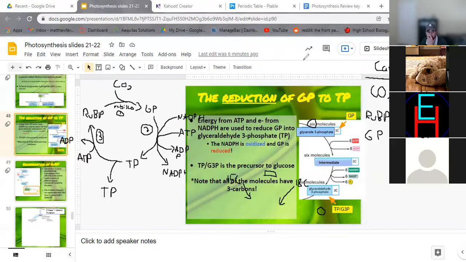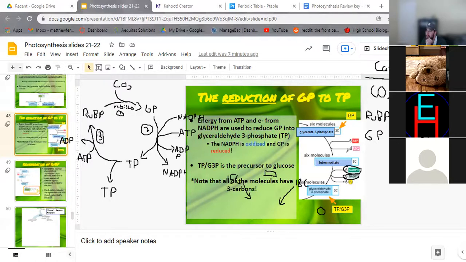If I've got 6 molecules of GP, and each one of those 6 needs to get reduced, how many NADPHs? 6. Each NADPH can reduce a single molecule. And so if I need to reduce 6 of them, I need 6 NADPHs, which means I'm also going to be producing 6 NADP pluses.